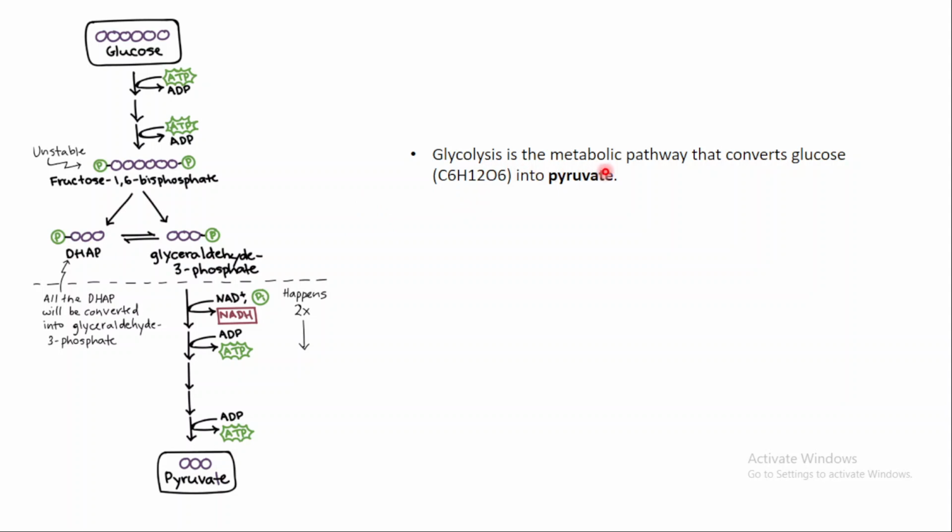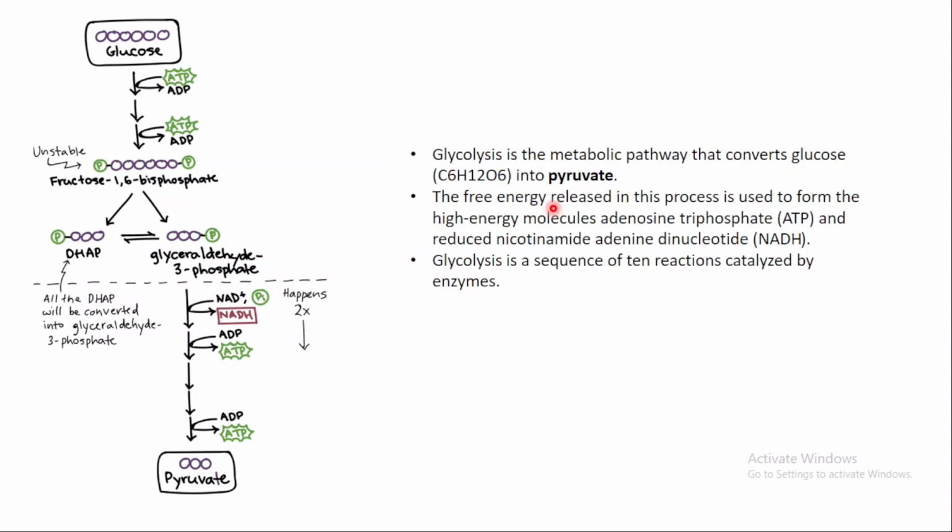So glycolysis is a metabolic pathway that converts glucose into pyruvate. The free energy released in this process is used to form the high energy molecules ATP and reduced nicotinamide adenine dinucleotide NADH.